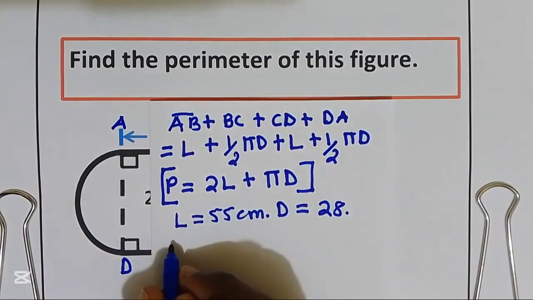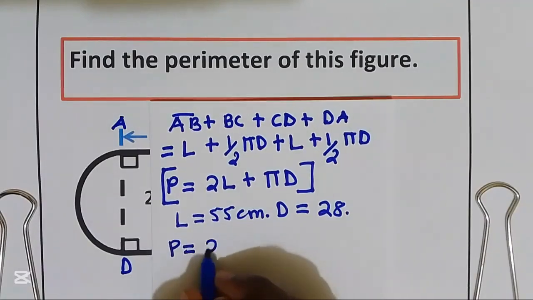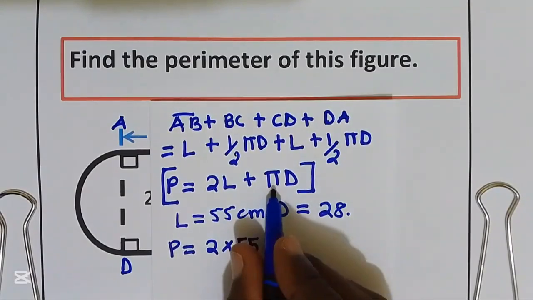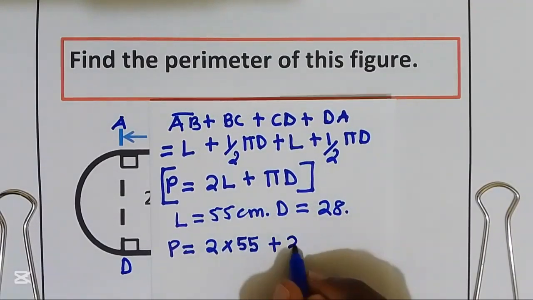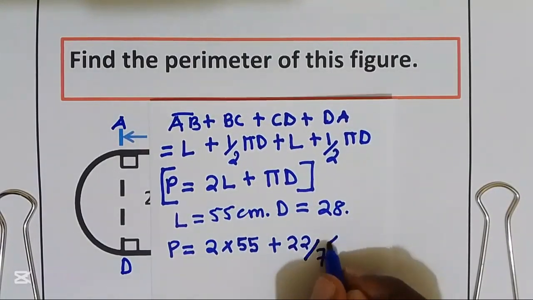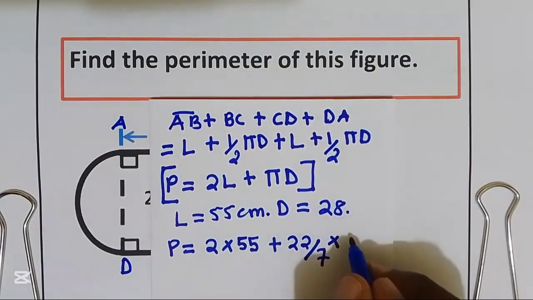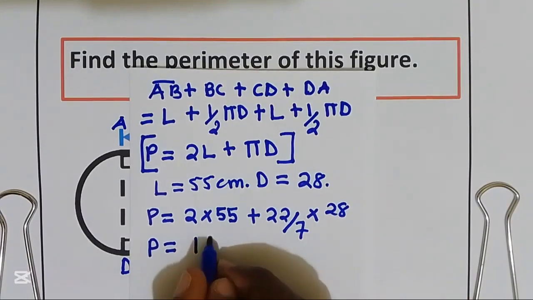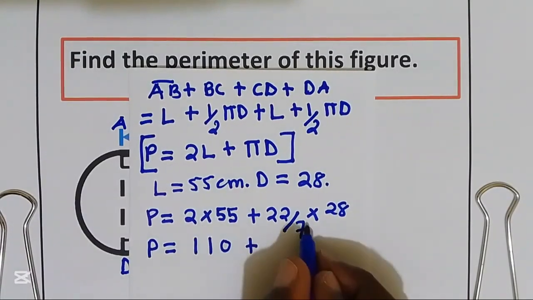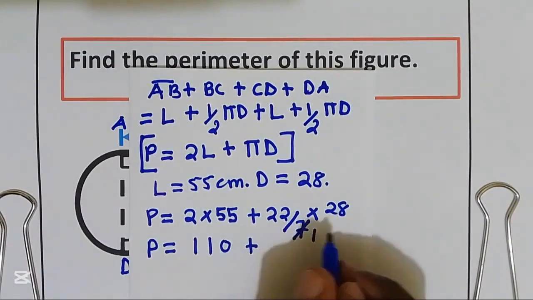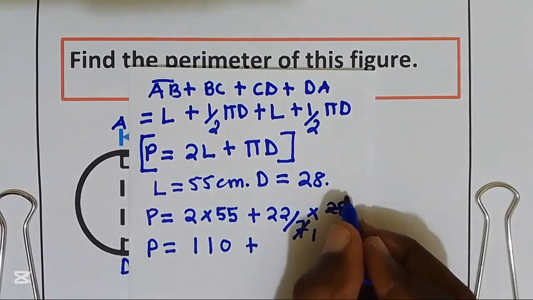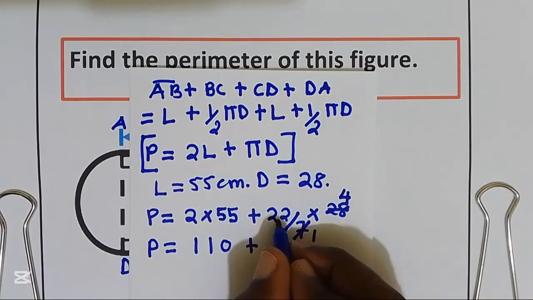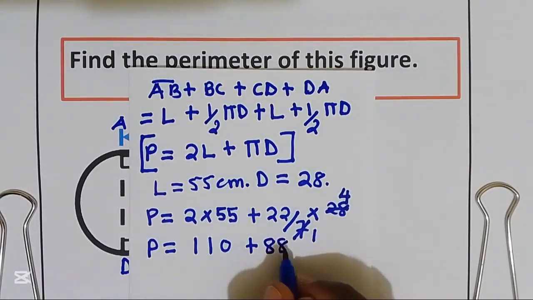We are going to get perimeter is equal to 2 multiplied by 55 plus, I'm going to use pi as 22 over 7, multiplied by diameter, which is 28. 2 multiplied by 55, we get 110, plus 7 goes into 28 four times, and 4 multiplied by 22, we are going to get 88.